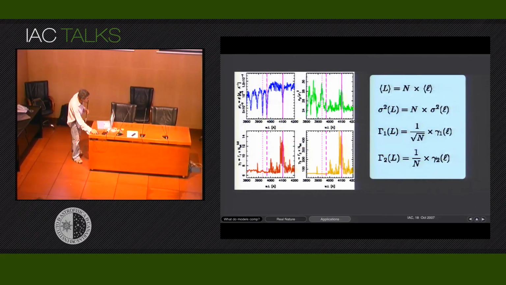This is another example of this. You have here the mean spectrum, which is the mean of any synthesis model, whatever the model. You have here the variance, and it's a bit funny because you see here different absorption lines. This one is gamma, I think, or delta, and this is another one.